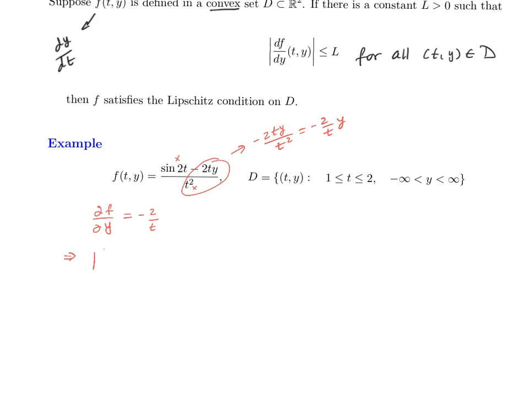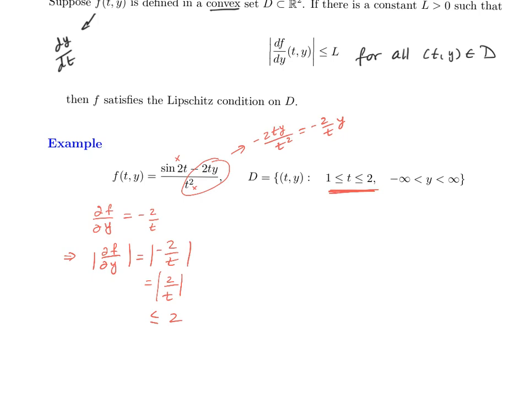Then you take the absolute value of this partial derivative. The absolute value of this is equal to 2 over t, which is always less than or equal to 2. We discussed that already. Why? Because the value for t is between 1 and 2.